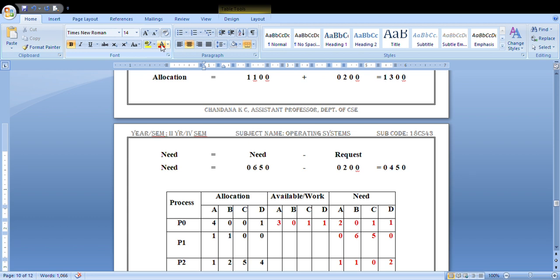It's 1300. Which I have marked in blue color. Those are all the new values after performing the resource request algorithm.